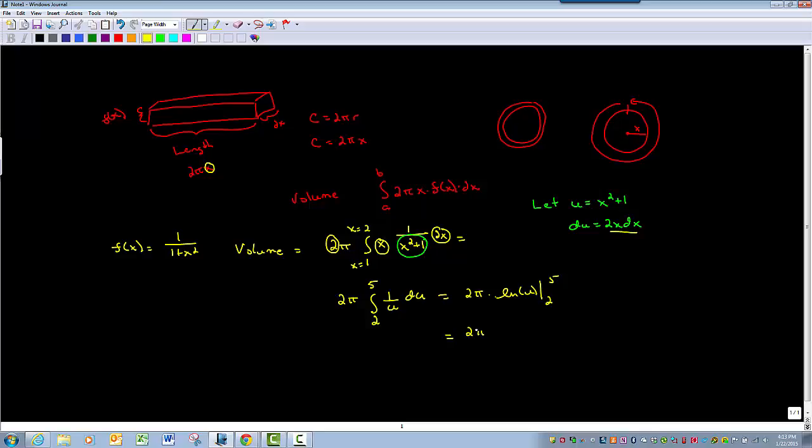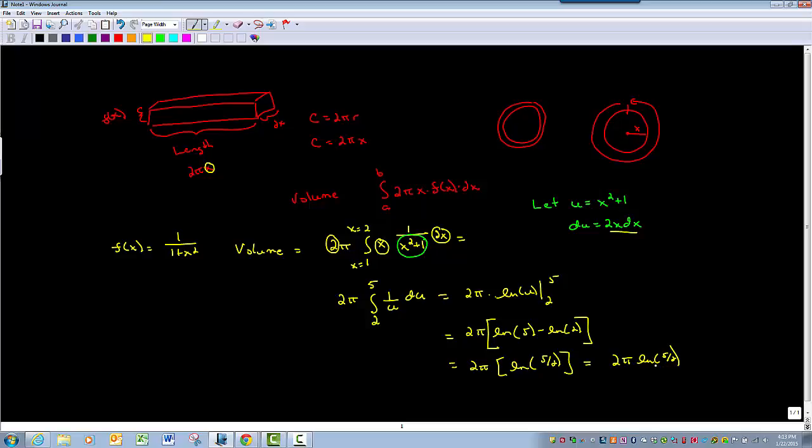So this will be 2 pi times the natural log of 5 minus the natural log of 2. And of course those can be combined to be the natural log of 5 divided by 2. So this is 2 pi natural log of 5 over 2.